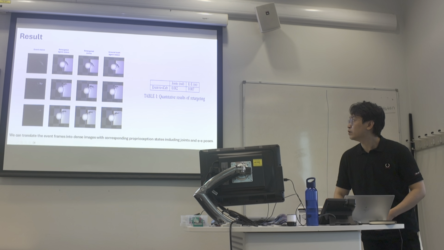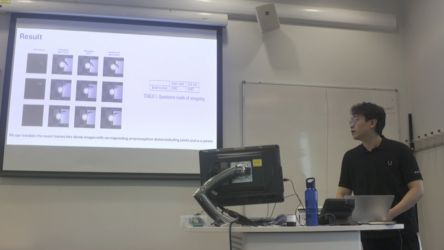This is the ground truth. We have a quantitative result of retargeting, which means we can translate the event frames into dense frames with their corresponding perception states. Currently, the states include the joint states and the end effector poses. Okay, that's it. Thank you.